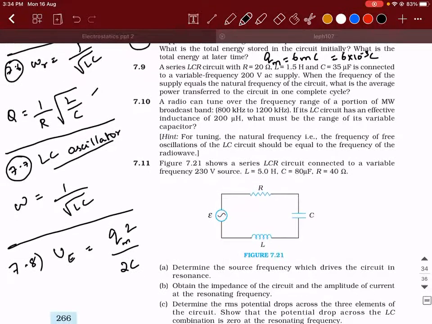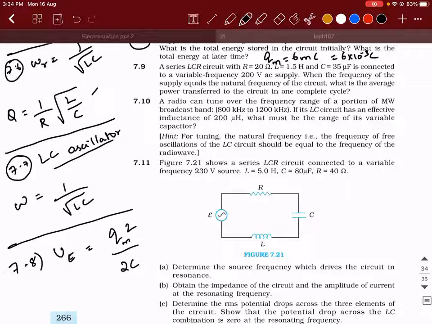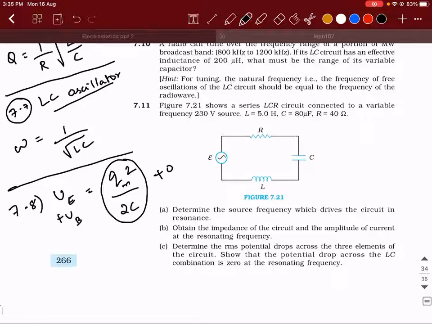What is the total energy at the later time? What did I say LC oscillator works on? So if initially the total energy is Q_m square by 2C plus 0, what will be the final energy at any later time? Same, sir.